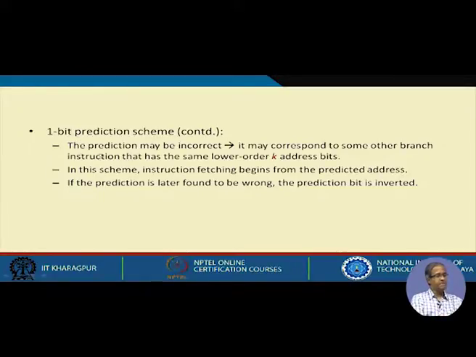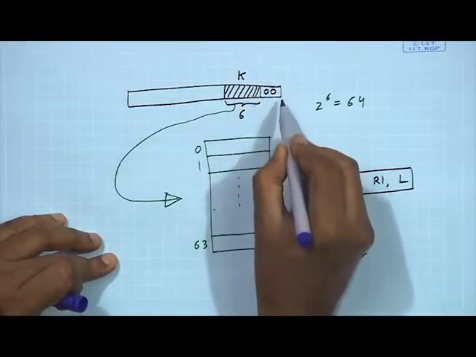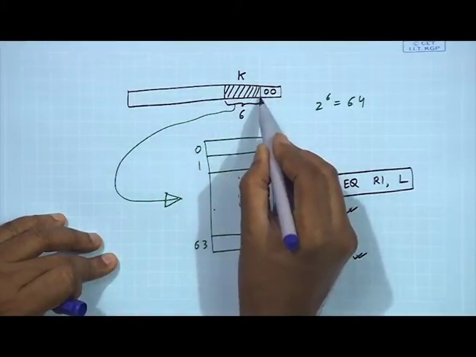This 1 bit prediction scheme means the prediction may be incorrect, because the value you are getting from the BPB may correspond to some other branch instruction that has the same low order k address bits. Here you are using a particular branch address, looking at the last k bits.